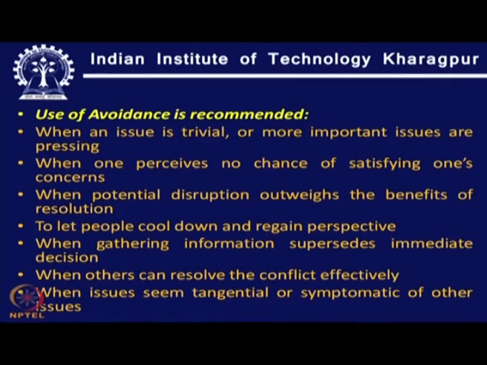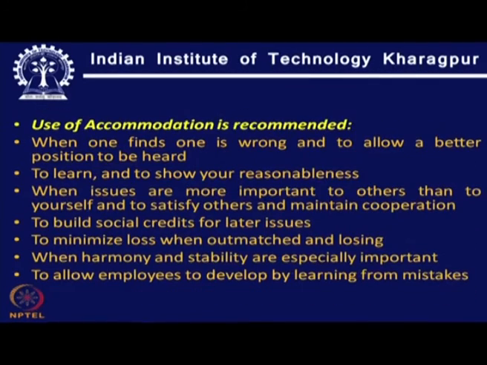So if we give more importance to this particular issue now, it may give rise to similar issues in future. So it is better to avoid discussions about these issues now, and avoidance is a better technique in this type of situation.